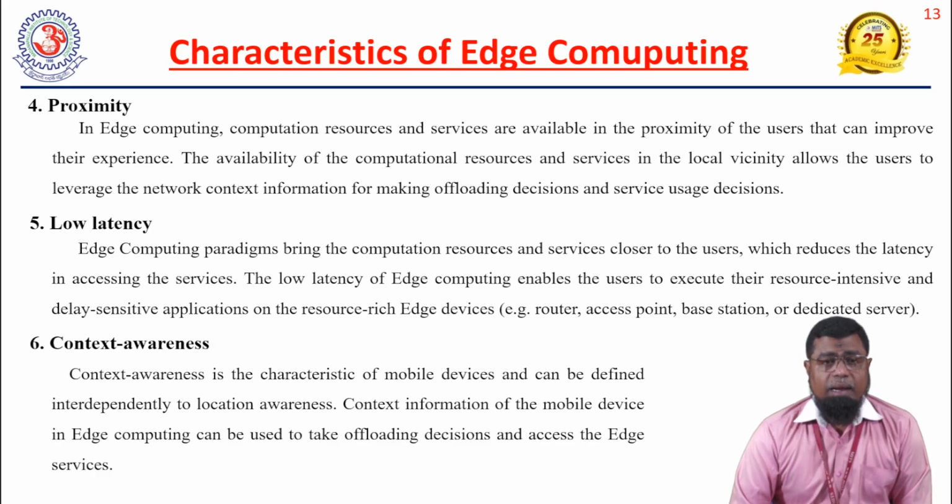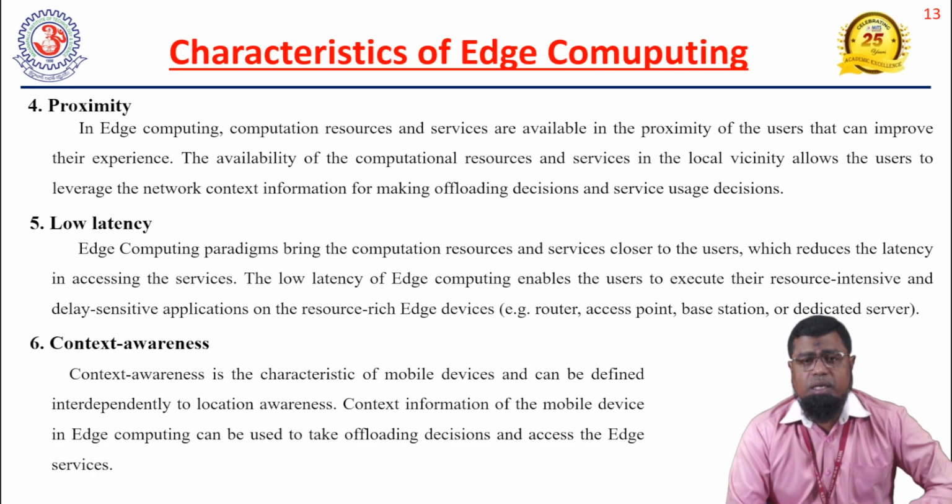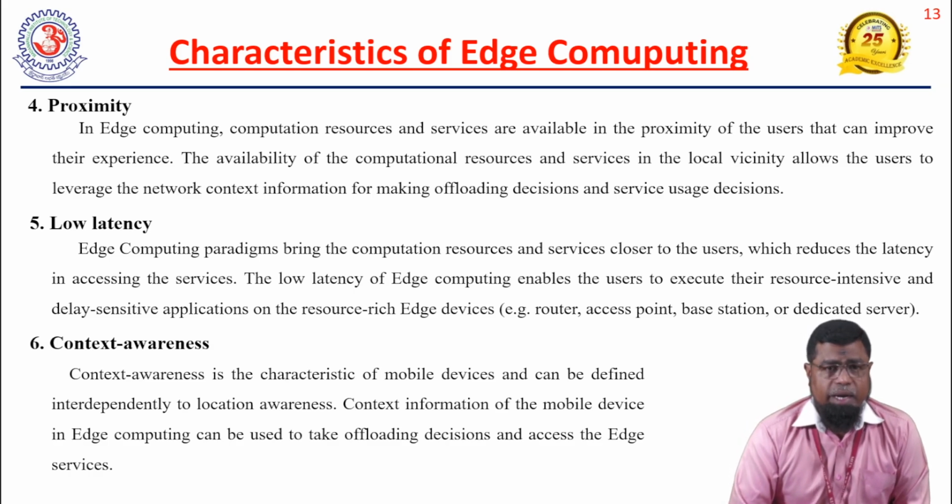Now, there are various characteristics. The first one is dense geographical location. It is distributed over a dense geographical location, so the network administrators can facilitate the location based on activity, from where the service is requested, using a WAN, wide area network.